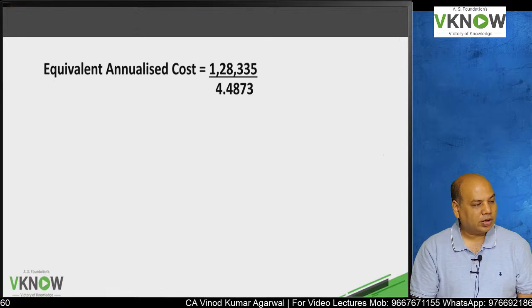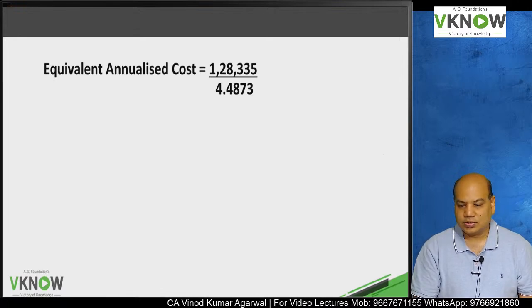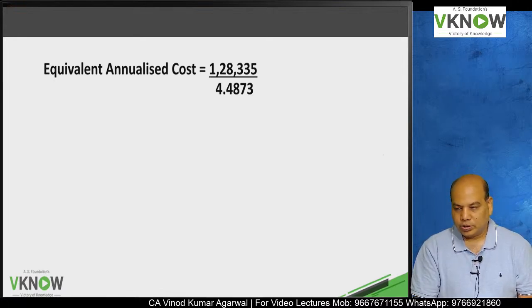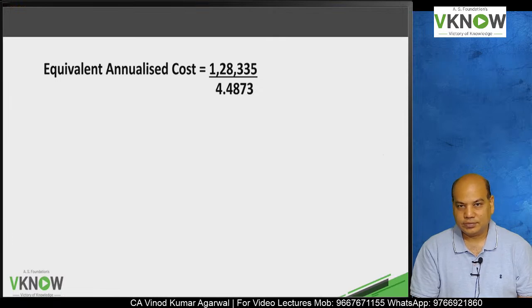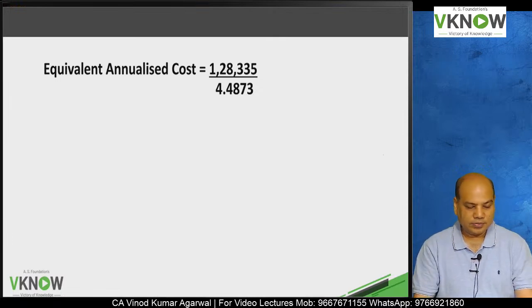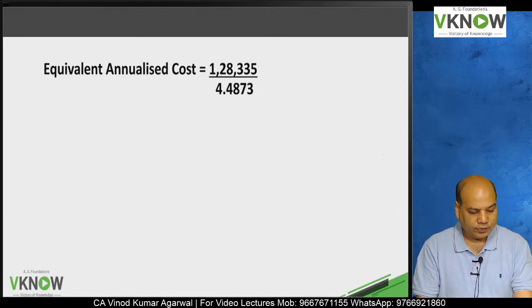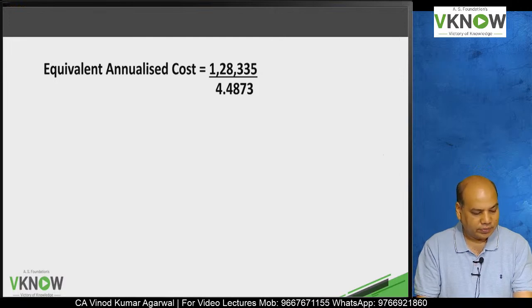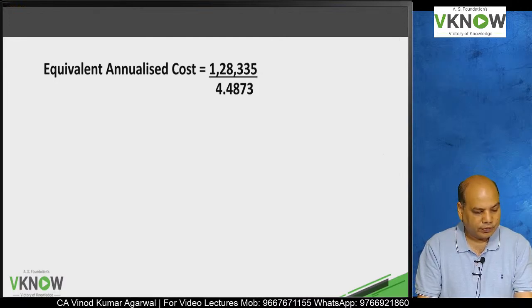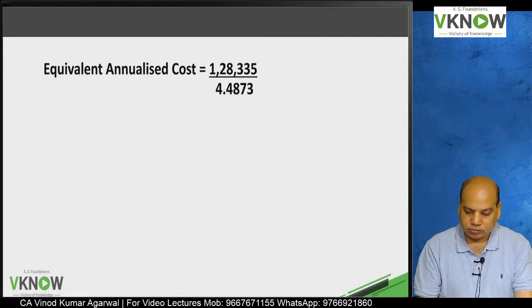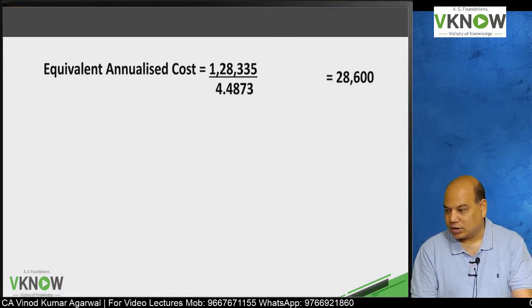Below the table, write equivalent annualized cost. 128,335 divided by 4.4873 is 28,600. Please check.